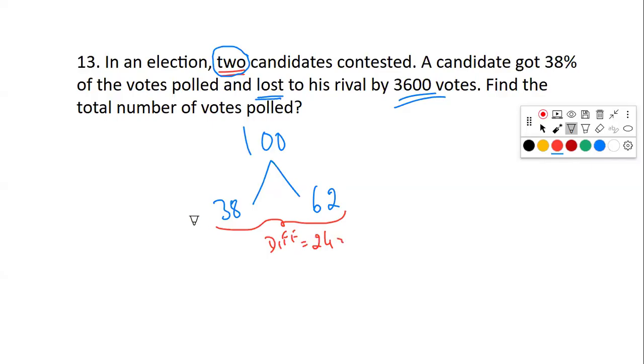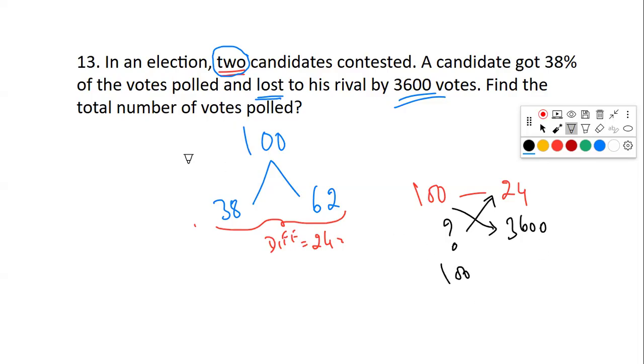And if my friend lost the election, I will tell that he lost the election by 24 votes. So that means if the total number is 100, the difference is 24. But here the actual difference is 3,600. What is the total number of votes? Direct relation. When it is 100, 24 is the difference. If the actual difference is 3,600, what is the total number of votes?